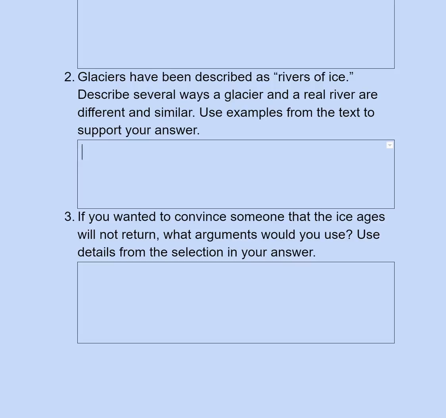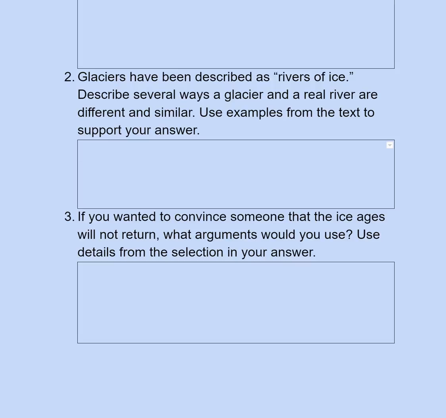All right, found it on page 562. In paragraph 2, it says glaciers are sometimes called rivers of ice, but a glacier moves differently than a river. So there's one of your differences, and then you're going to describe how they move differently. But then you're also going to, from this information in the text, describe how they are similar.